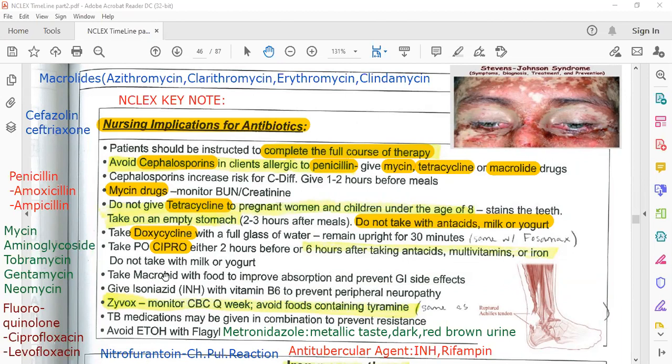Nitrofurantoin can cause chronic pulmonary reaction.